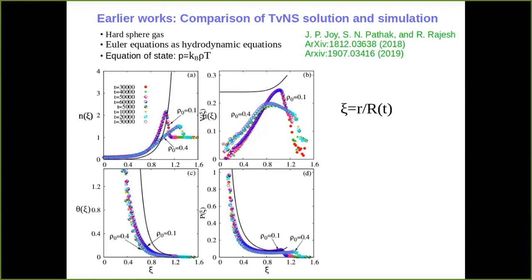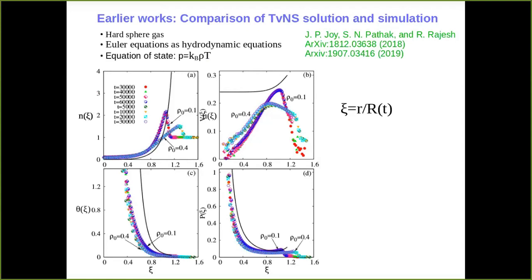You can see this black solid line is the TVNS solution. They calculated for two ambient densities, 0.1 and 0.4, and for different times. In the previous case, in the Barbier case, they plotted for only one time, but Rajesh plotted for 4-5 times.